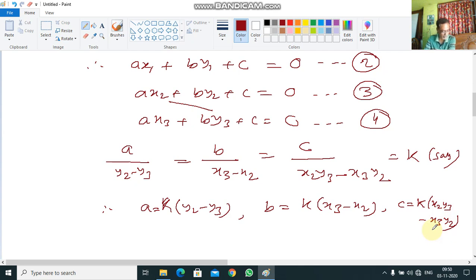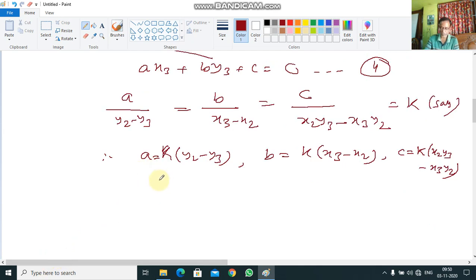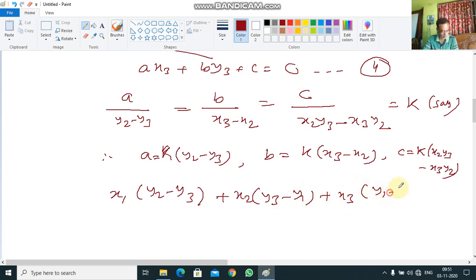Putting the values of a, b, c in equation 2, we get x1 into y2 minus y3 plus x2 into y3 minus y1 plus x3 into y1 minus y2 equal to 0, where k not equal to 0, which represents the condition of collinearity of the points x1 y1, x2 y2 and x3 y3.